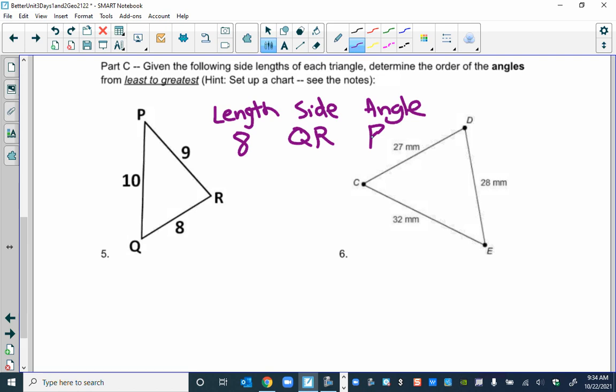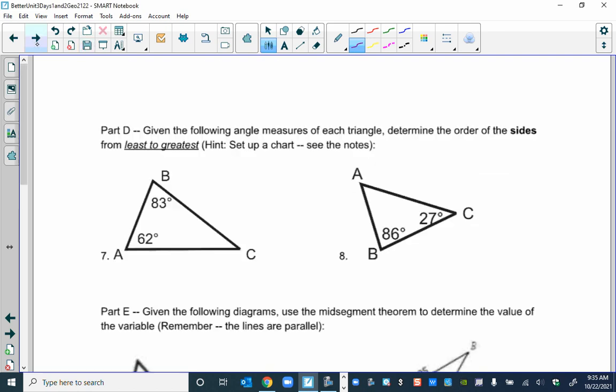So, least to greatest, do the same thing here. Write the 2 letters that make up the side. Whatever letters you didn't write, that's your last side. Part D is similar. But remember, for part D, you're going to have to do a little work.